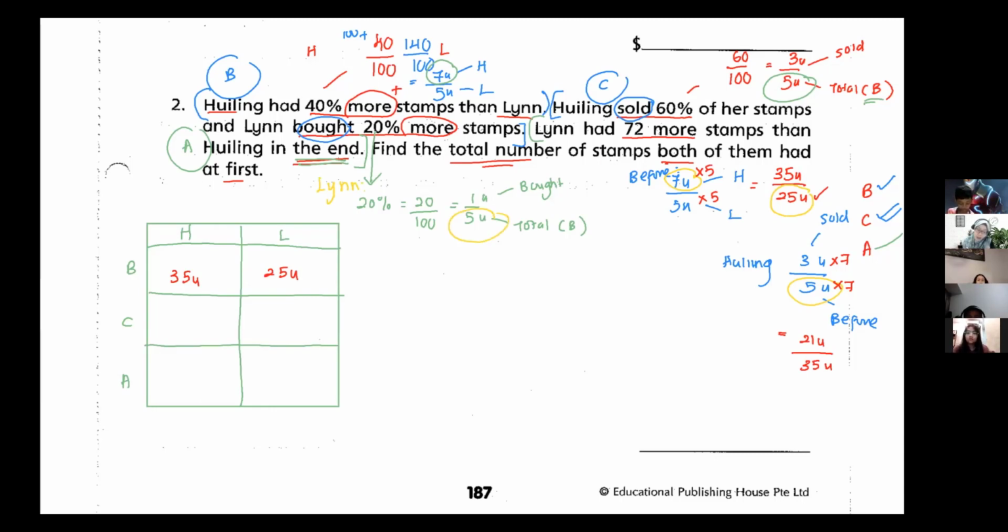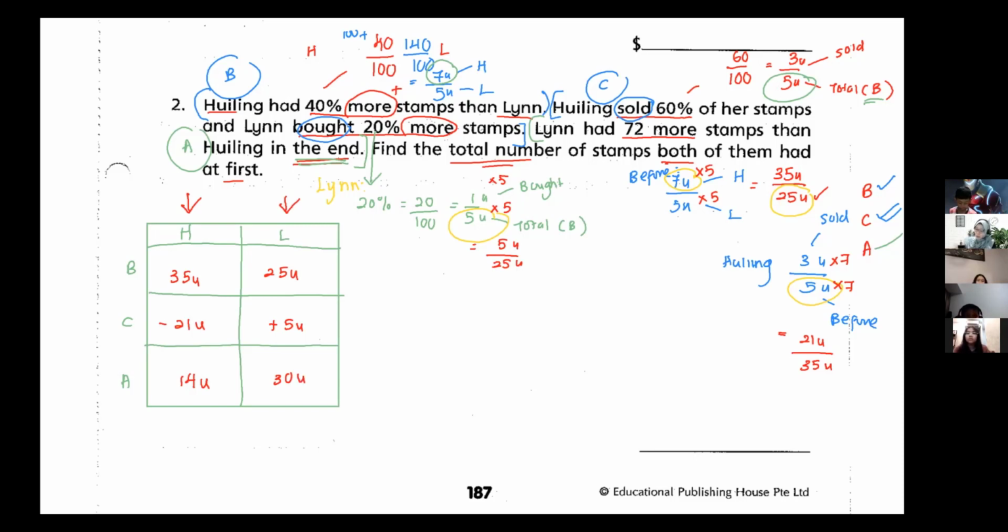Are they talking about the same thing? No, so we have to make them the same. 25, so I must change this 5 to become 25 also. So times 5 equals 5 over 25 units. Now they are the same. So Lin bought how many? 5 units. And Hui Ling sold how many? Minus 21 units. You go down the column. Hui Ling: 35 minus 21 is 14 units. Lin: 25 plus 5 is 30 units.